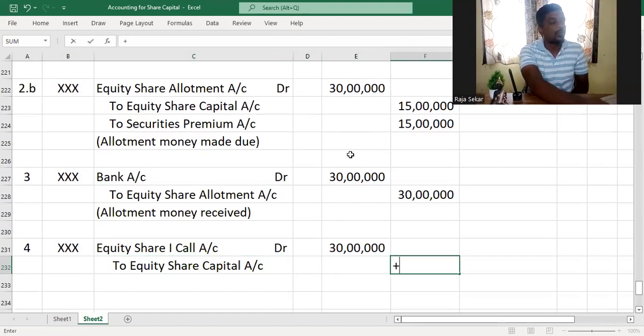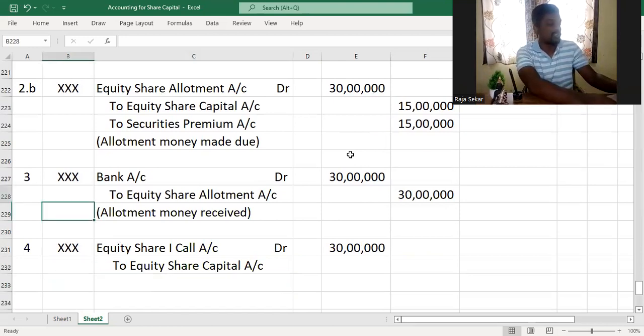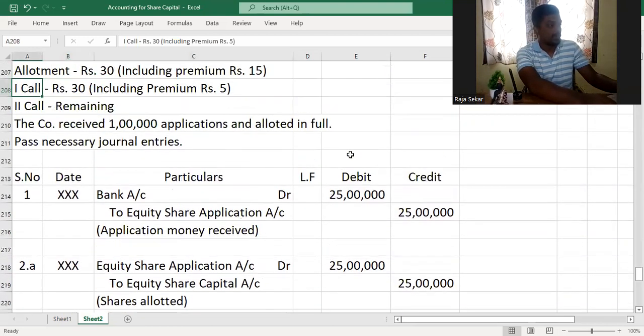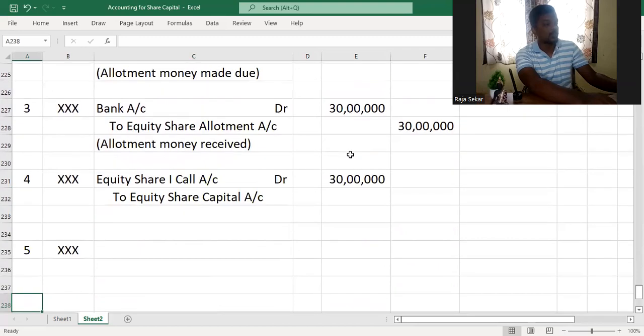Will be credited with how much? You're making 30 rupees per share due along with first call, and out of that 5 rupees is premium as given in the question. If you see, share first call is rupees 30 and it includes premium of rupees 5. Am I right, my dear children? And therefore only 25 rupees of that is actually first call money.